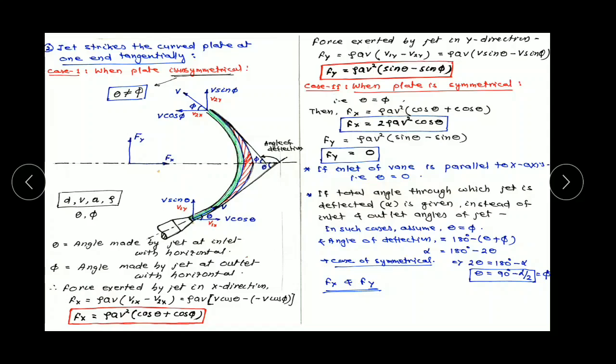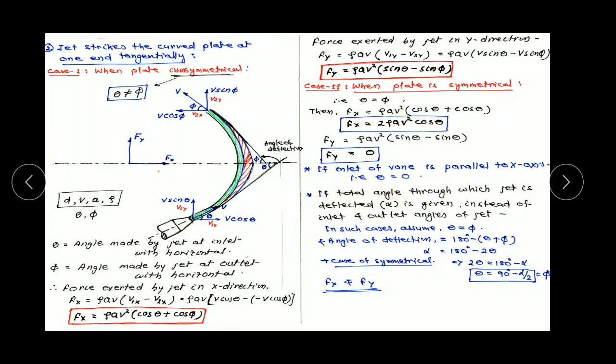First of all, in the x direction the inlet velocity is v cos theta, and in the x direction the outlet velocity is v cos phi. So Fx equals mass per second, rho a v, into v1x minus v2x, which equals rho a v into v cos theta minus of minus v cos phi, because it is in the opposite direction of the jet.